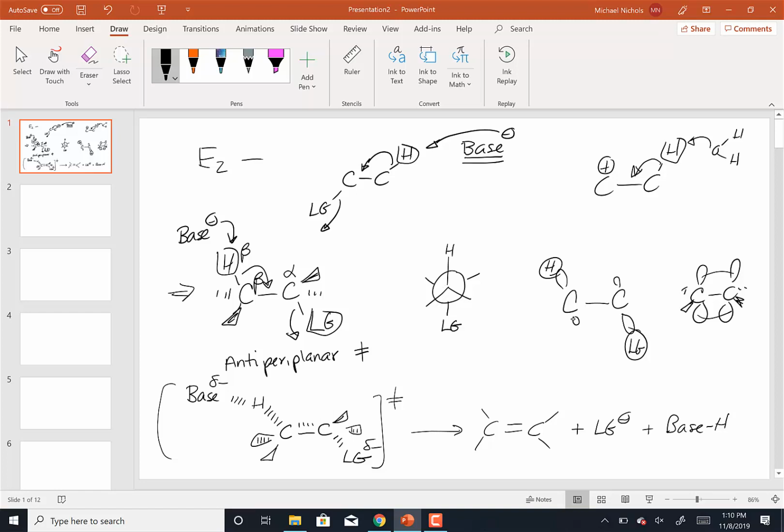So if the leaving group was like this and the hydrogen was like this, I would have to physically move them to become parallel to get this nice smooth movement. That smooth movement means that the transition state energy is going to be the lowest possible. And then you have to have the big sp3 and the big sp3 opposite each other in order for the orbitals to match up in a molecular orbital kind of way, which we won't necessarily talk about. But that's what it would look like.